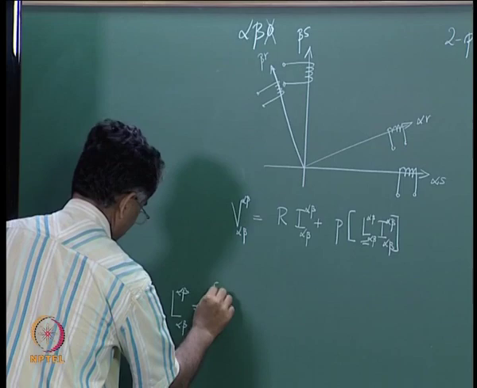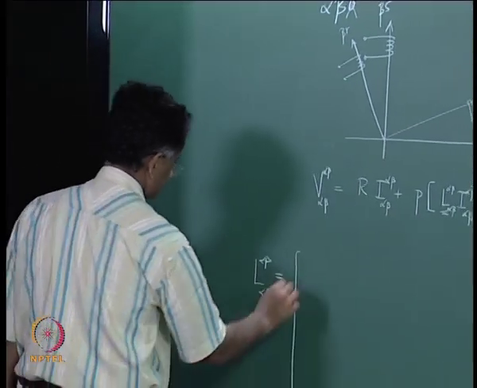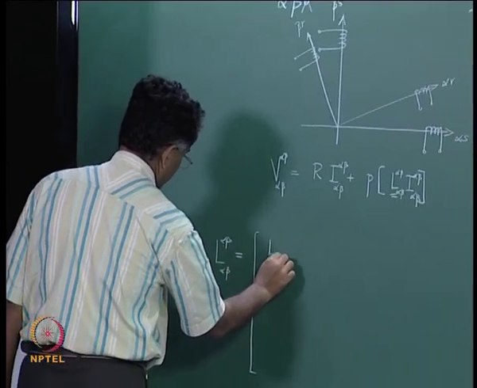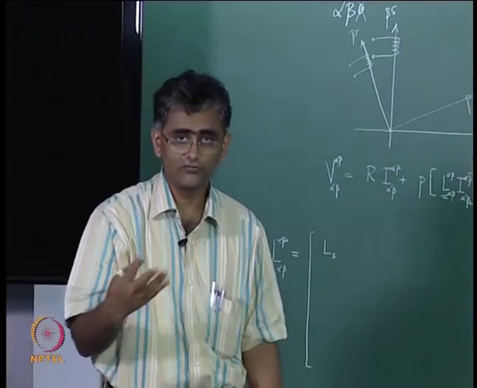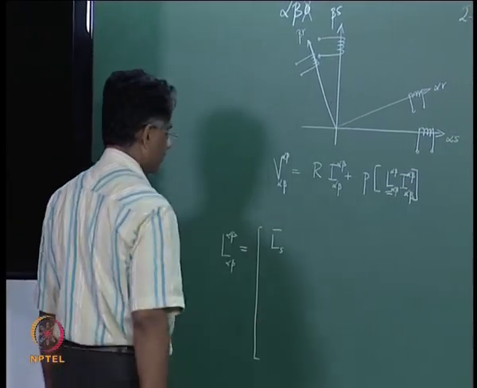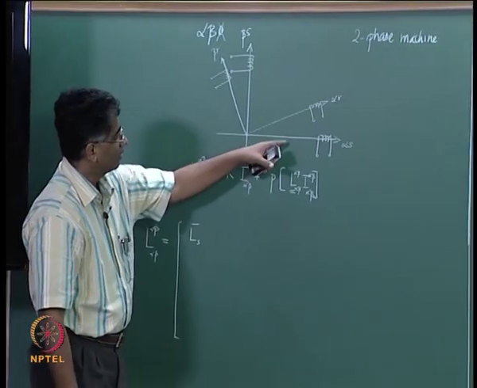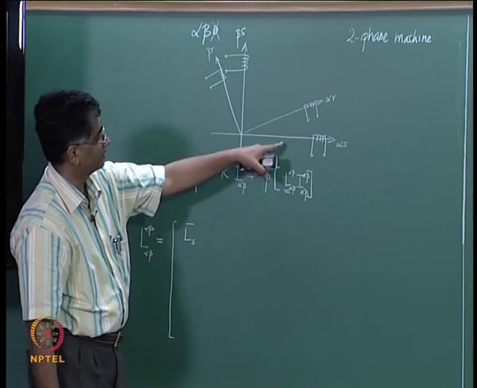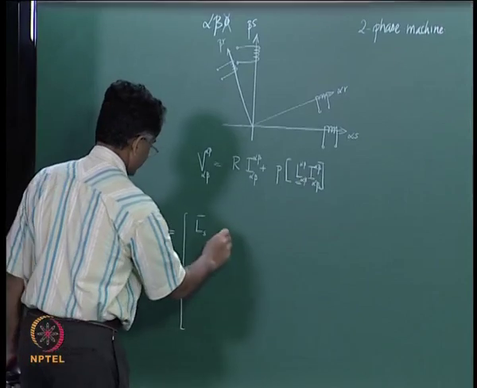The inductance matrix can then be written as Ls of the stator. To distinguish this from the self inductance in the 3-phase case, let us call this as Ls bar, and then there is a question of mutual inductance between the alpha s and beta s axis, and we observed yesterday that that is 0.